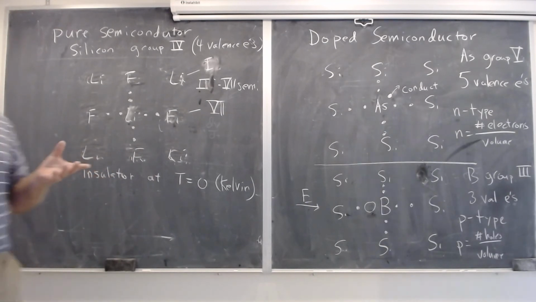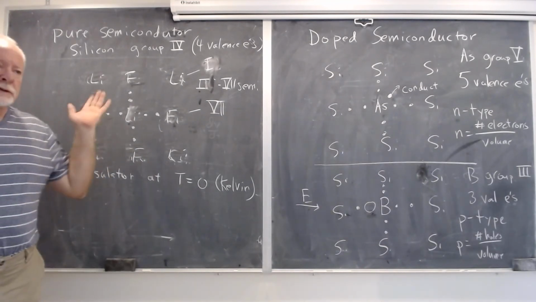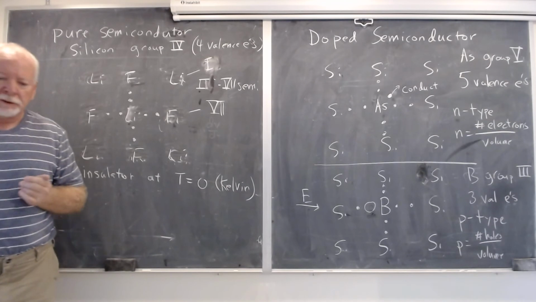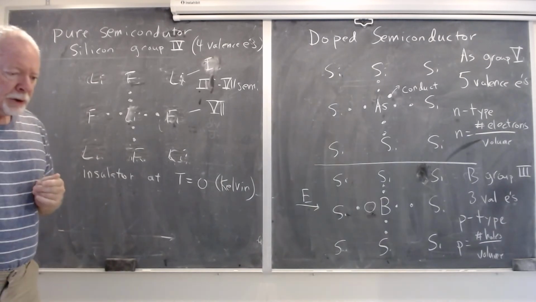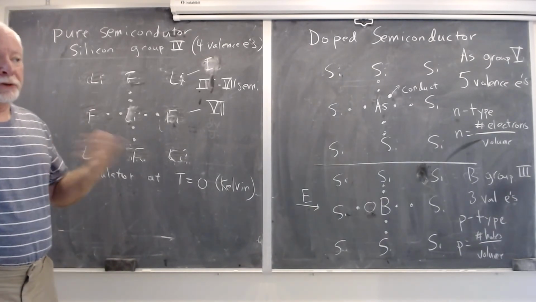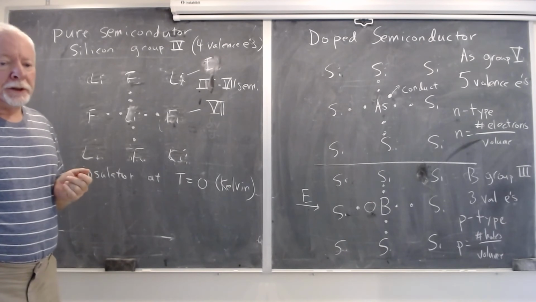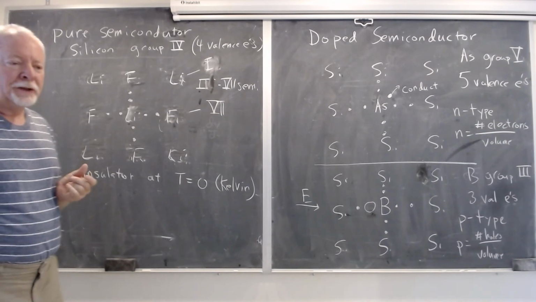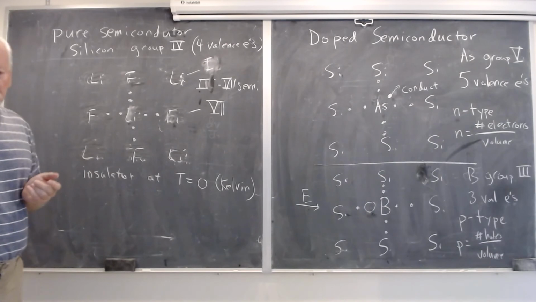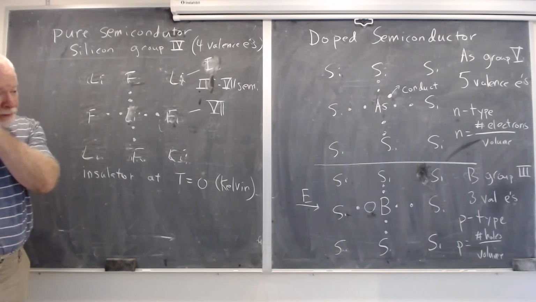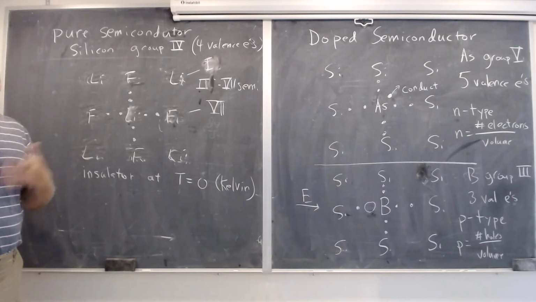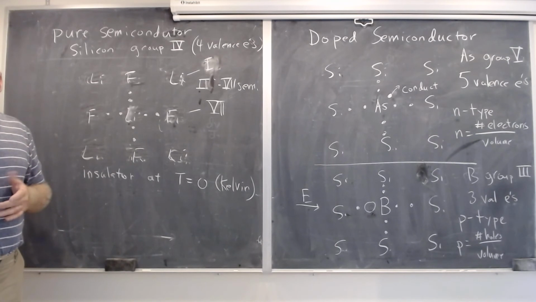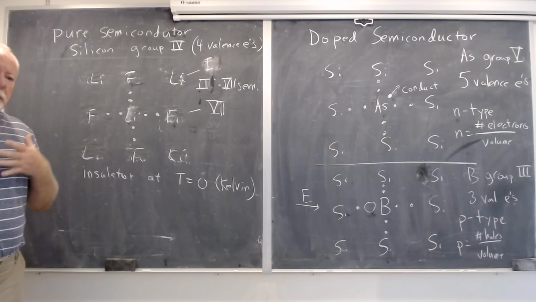Now, generally, of course, 90-some percent of our electronics is based on silicon. Some of the rest, particularly some of our optoelectronic devices like lasers and detectors, are based on gallium arsenide or indium arsenide, another 3,5 semiconductor, or indium phosphide.